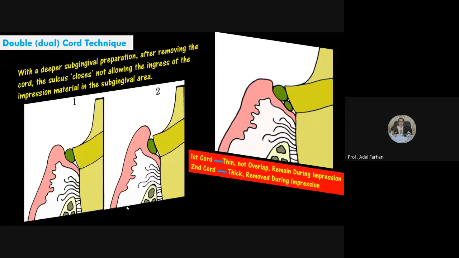We have another retraction technique we call the double cord or dual cord technique, and we use it when we have deeper subgingival preparation.